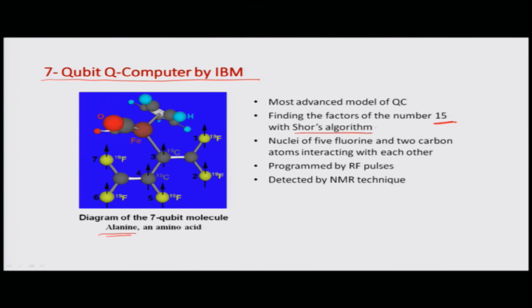This was done by Chuang while he was still at IBM, with the help of the nuclei of 5 fluorine and 2 carbon atoms interacting with each other to carry out Shor's algorithm. We have done the factorization of number 15 separately in this course to show the steps, so it will become clear how he applied this with respect to NMR quantum computing using this molecule.